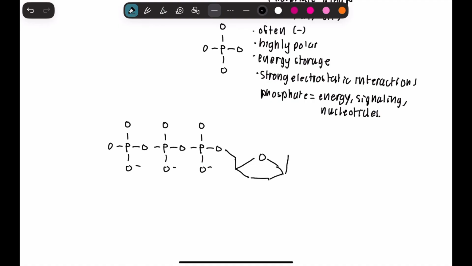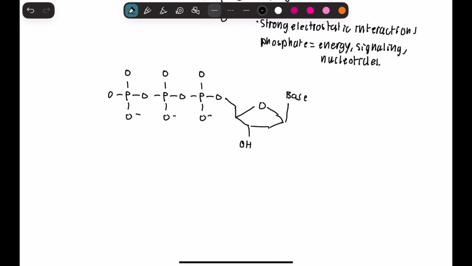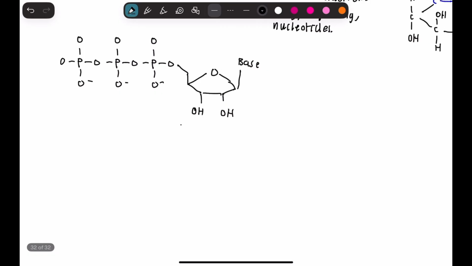Then this here is attached to a base. You have 2 hydroxyls here. And basically this is going to be your nucleoside.